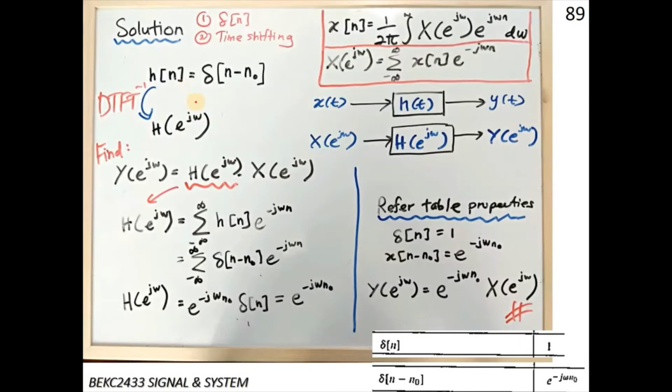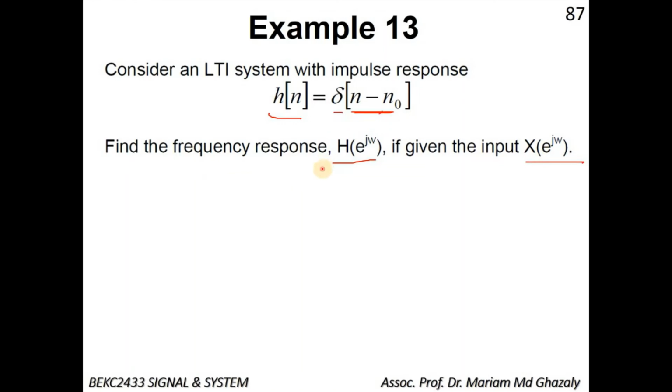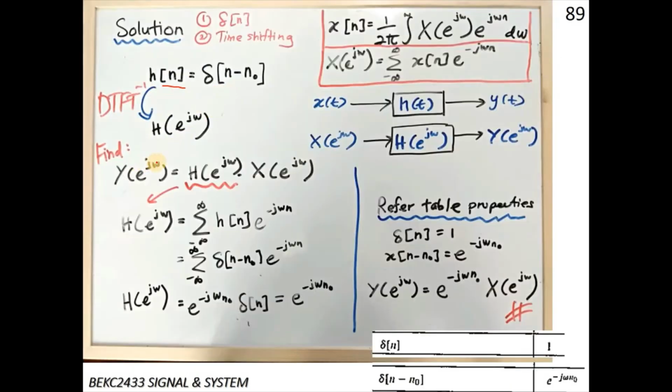First of all, for the h[n] value, the question was to calculate the frequency response H(e^jω). If you look at the block diagram here, you have the frequency response, you have the output Y(e^jω) and the input.